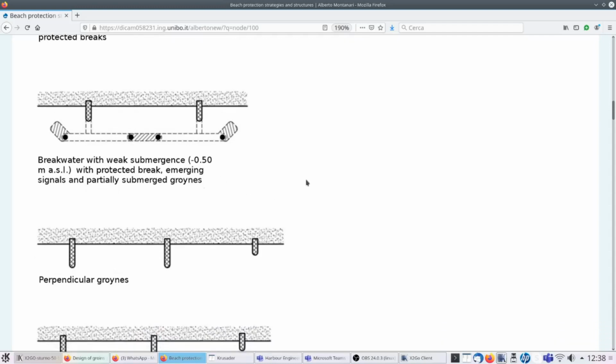Here, keep in mind that when you combine different structures, you have to carefully consider also the visual impact, not only the impact in terms of beach dynamics, hydrodynamics and morphodynamics. Depending, of course, on the behaviors of the considered site, you have to consider also the visual impact.